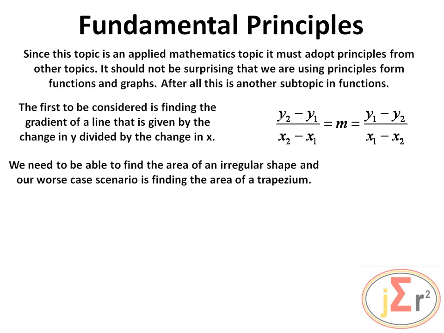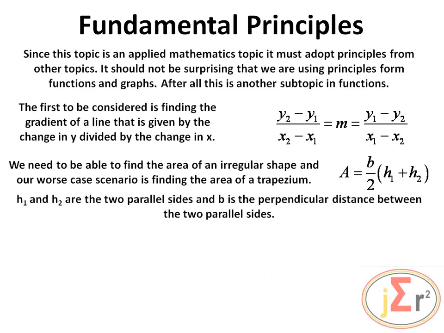We need to be able to find the area of an irregular shape, and our worst case scenario is finding the area of a trapezium. A is equal to b over 2, and in brackets we have (h1 plus h2). h1 and h2 are the two parallel sides, and b is the perpendicular distance between the two parallel sides.